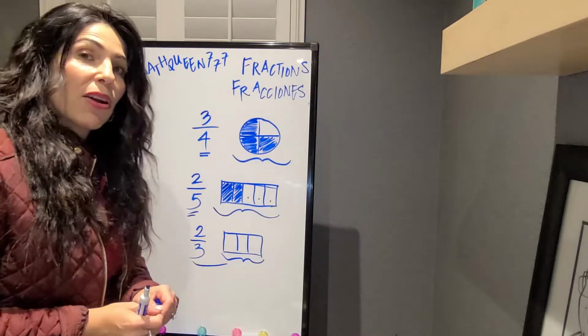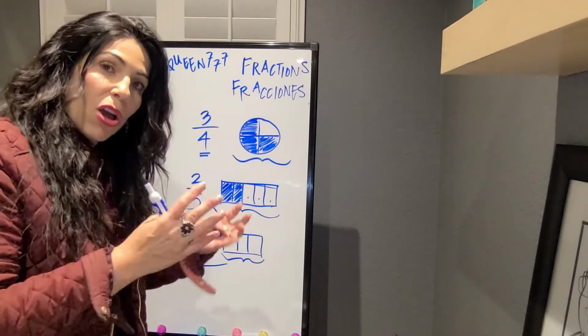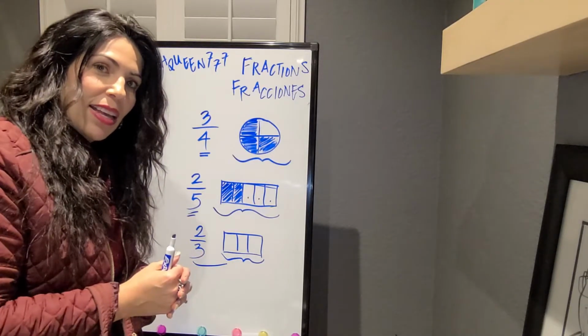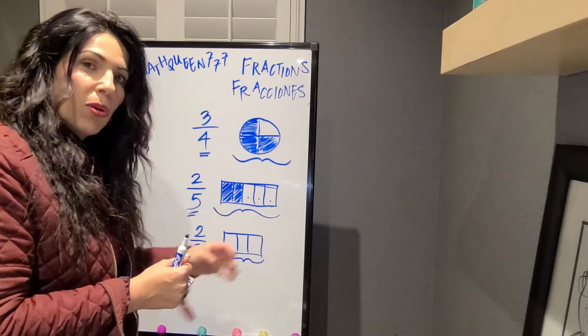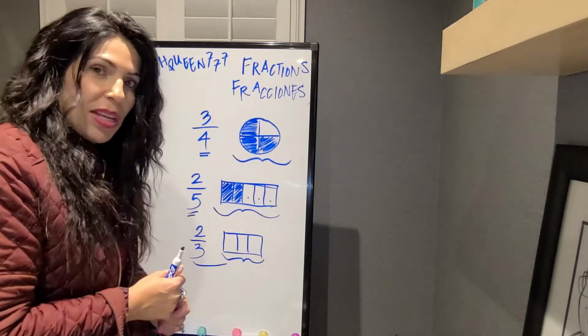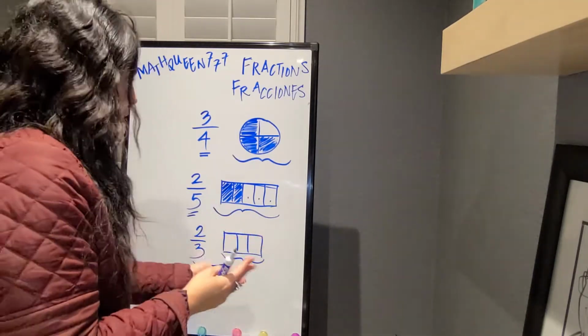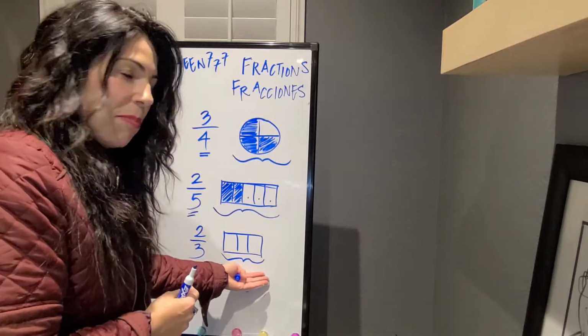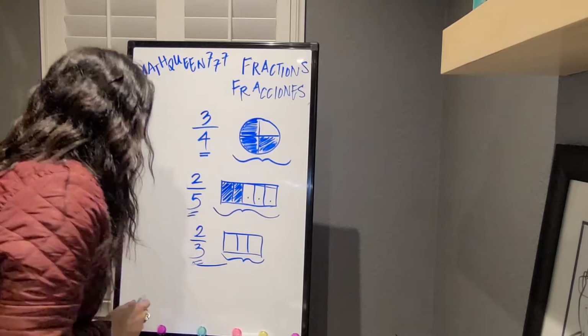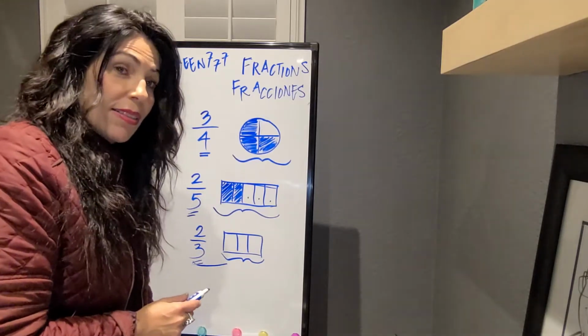And it does not matter if your pieces are not perfect, as long as you have the idea. Solamente necesitas tener la idea en cómo partir la unidad en 3 piezas. Y no tiene que ser perfecto, así como el mío tampoco está perfecto. 3 pedazos representando el denominador. So 3 pieces representing the denominator.